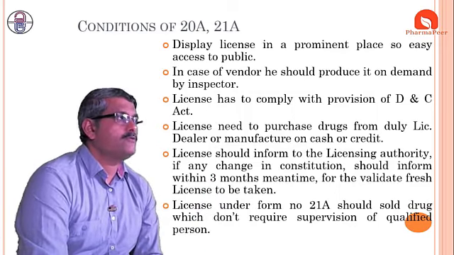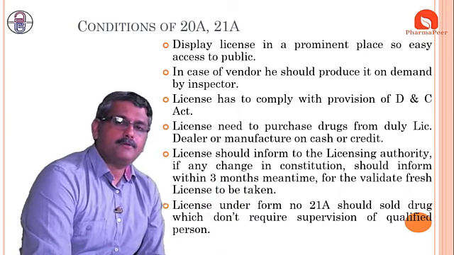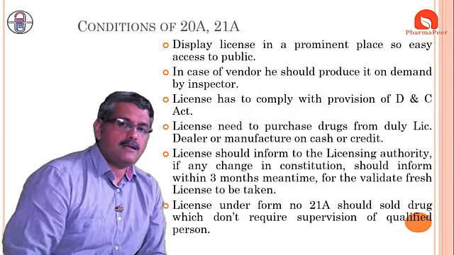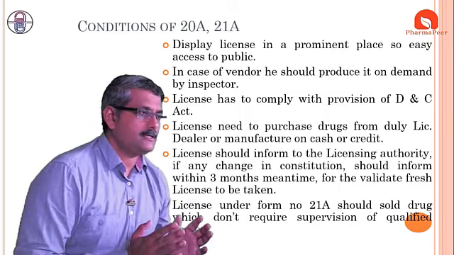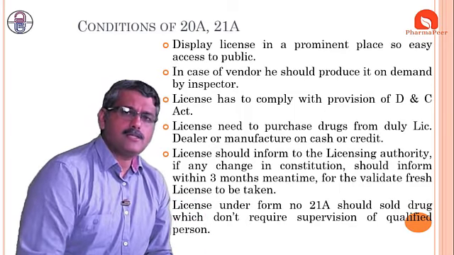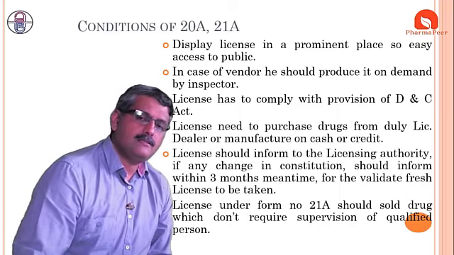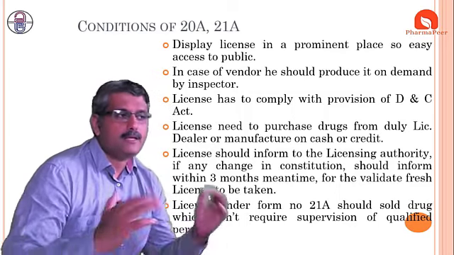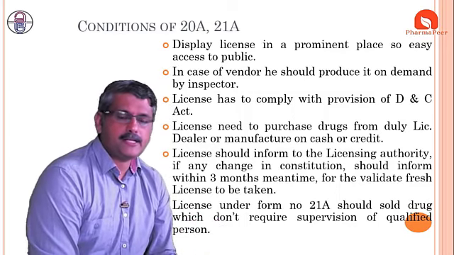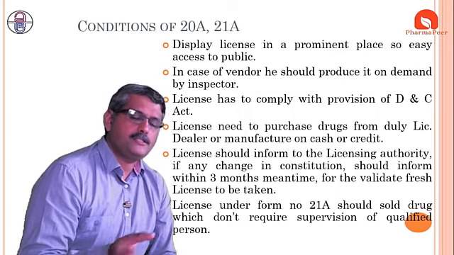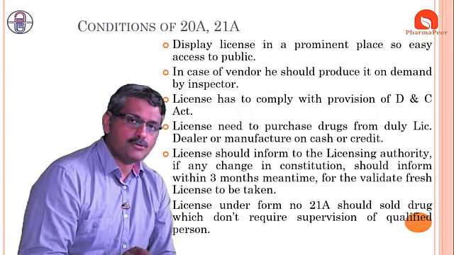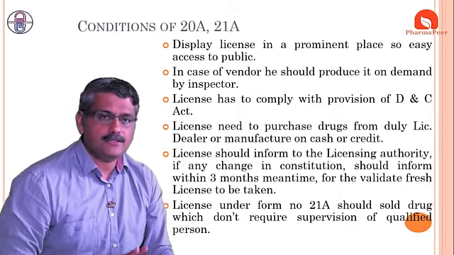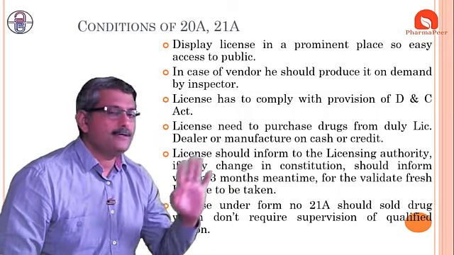Suppose a person is doing vendorship, or is doing some practice in partnership with another person, and for that they have given this partnership deed to the licensing authority, but due to some reason the partnership is dissolved, and he starts on his own, or arranges his practice with some other person, then this is a change in his composition, a change in his constitution. So as there is a change in constitution, he needs to inform the licensing authority. As per that, they will make some changes.